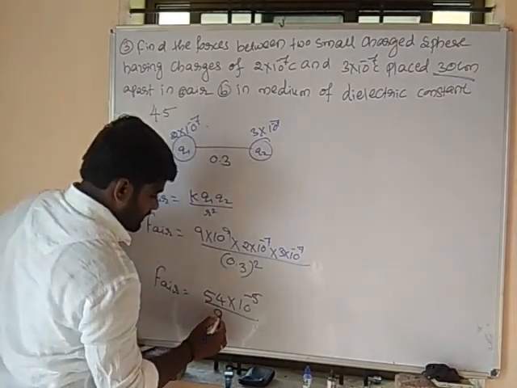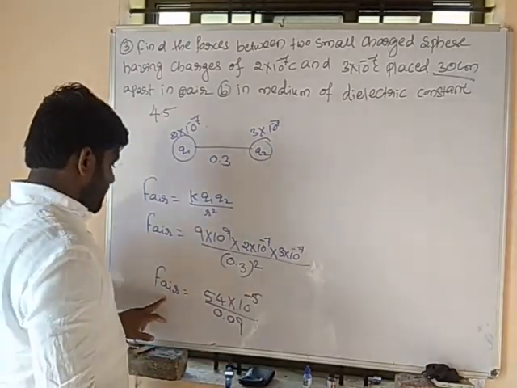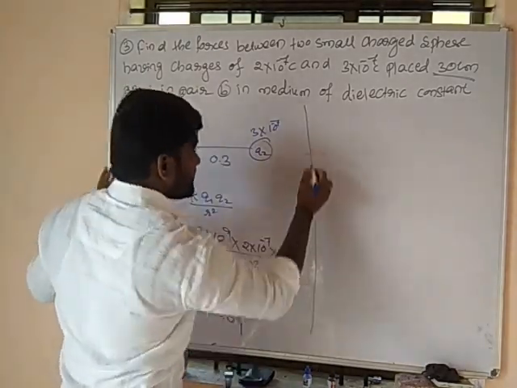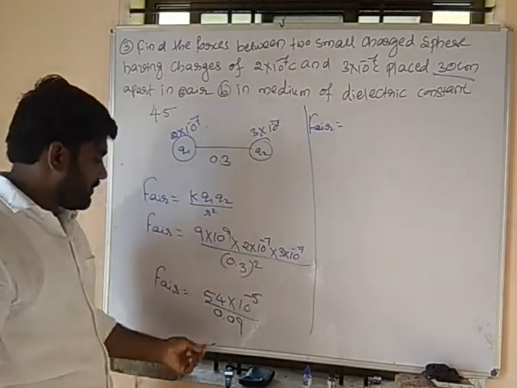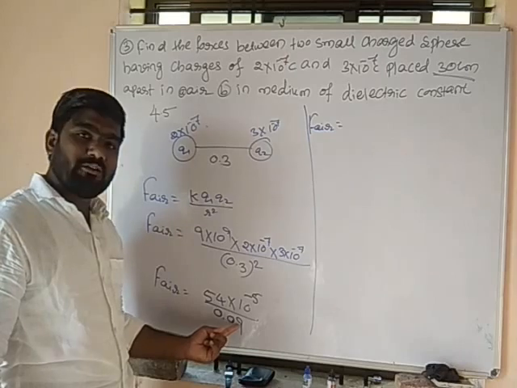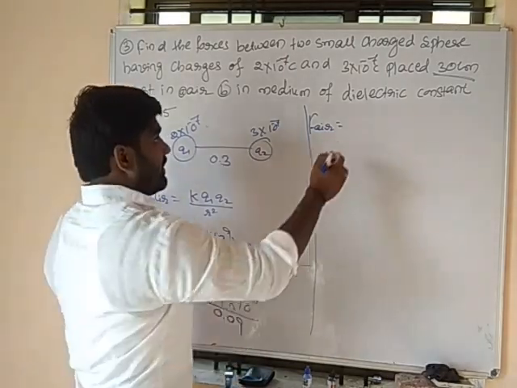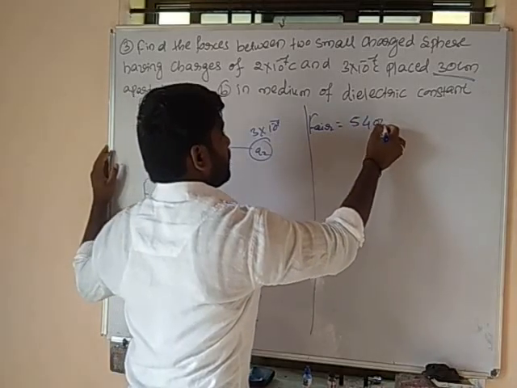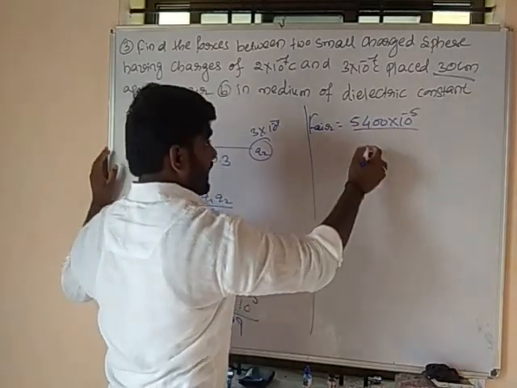It will be 0.09. Okay. Then this F at air is equal to, if I want to make it as 9, I want to keep 2 zeros over here. It will be 5400 into 10 to the power minus 5 divided by 9.